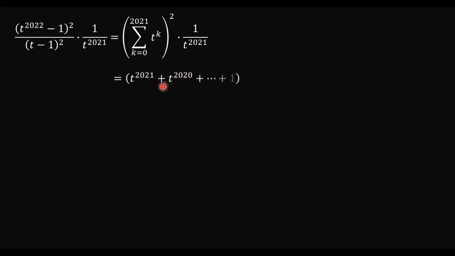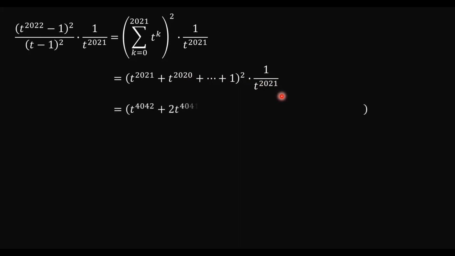So if we explicitly express what we are showing in this summation sign, it is the same as t to the power 2021 plus t to the power 2020 plus t to the power 2019 all the way to 1, that's squared, times 1 over t to the power 2021.